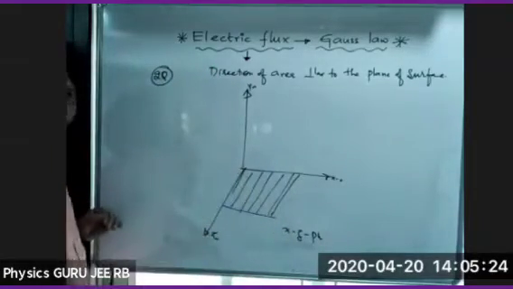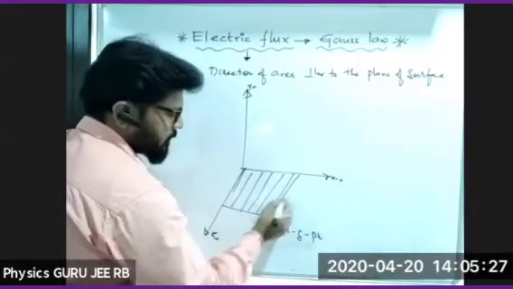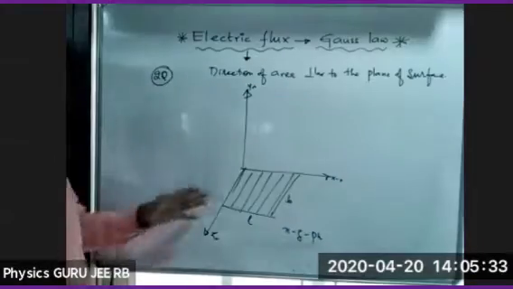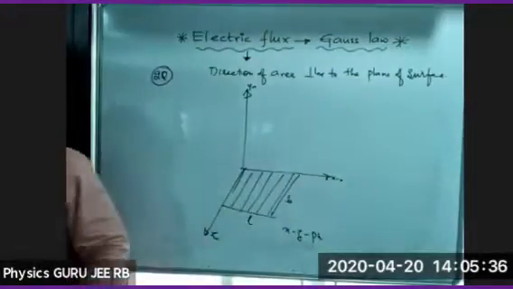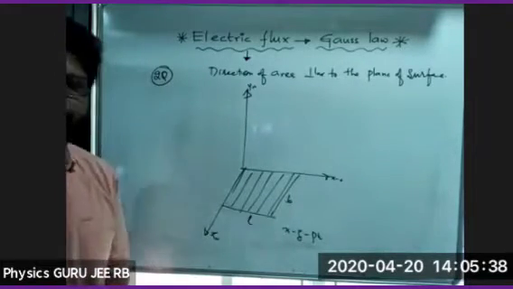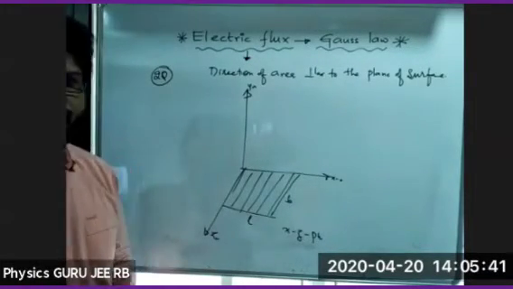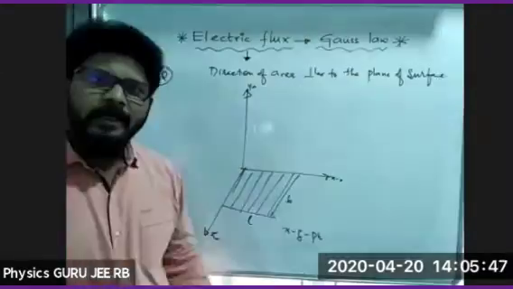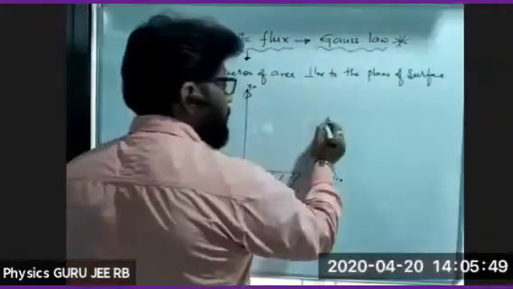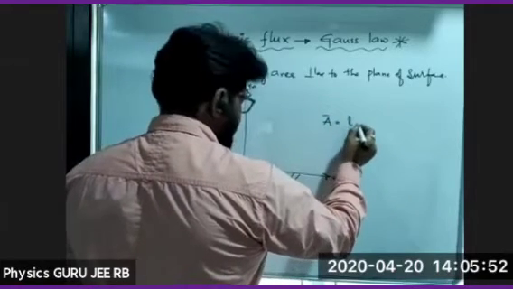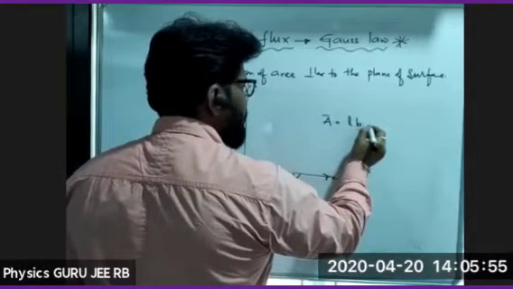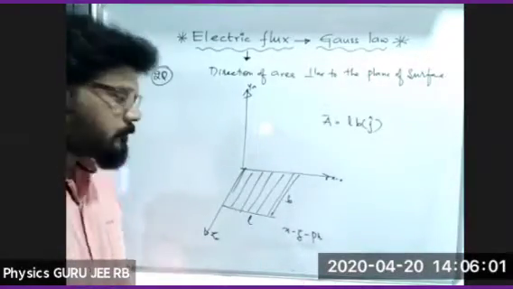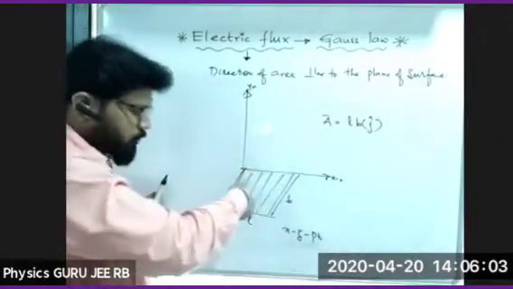Let me take its length L and B. Now can you tell me what is the area vector? L into B, j cap, right? Very good. So the area vector is L cross B, LB into j cap, that means you are rotating from X to Z.